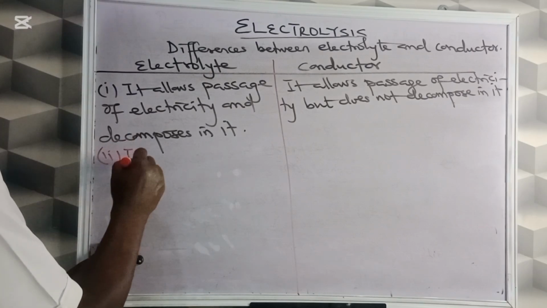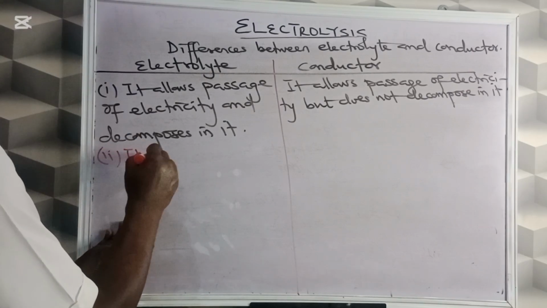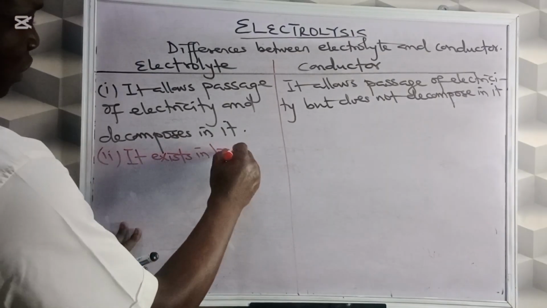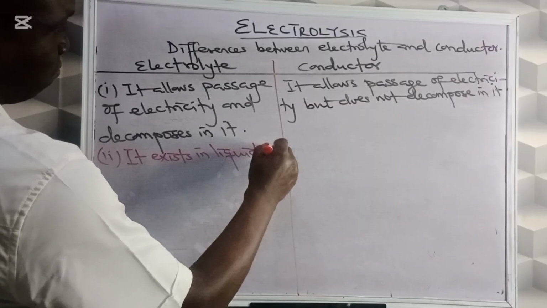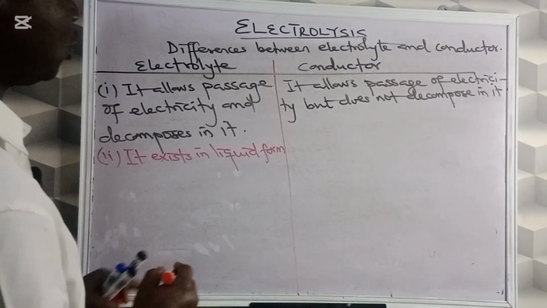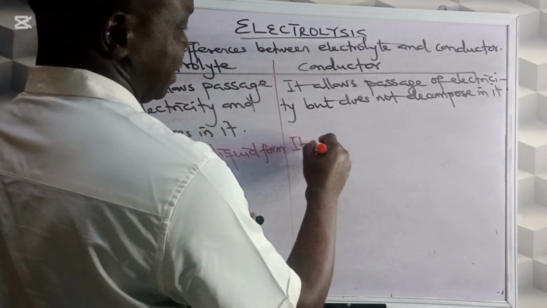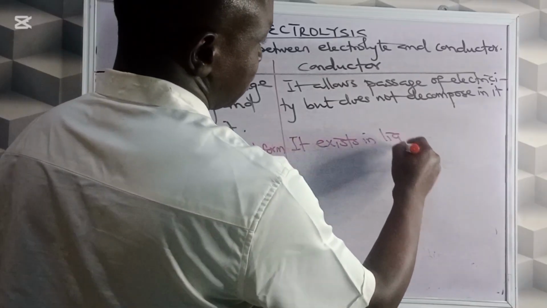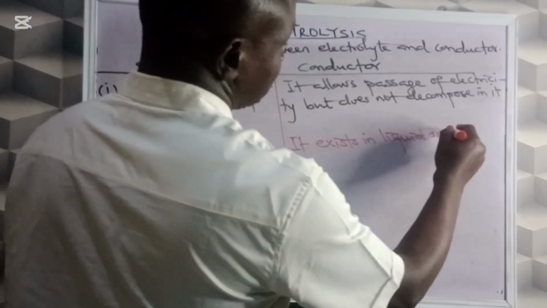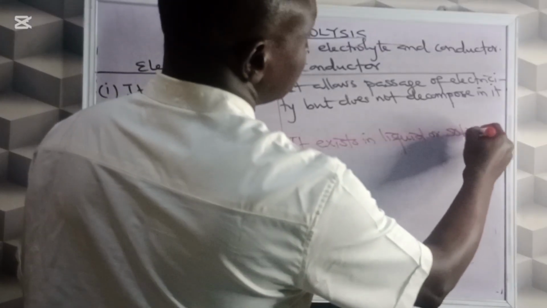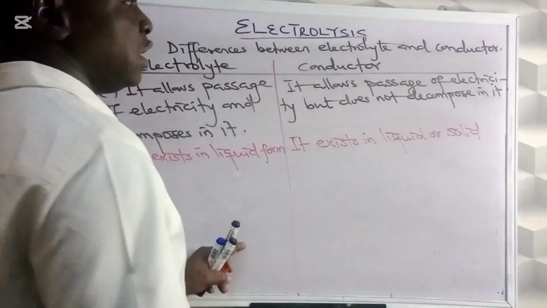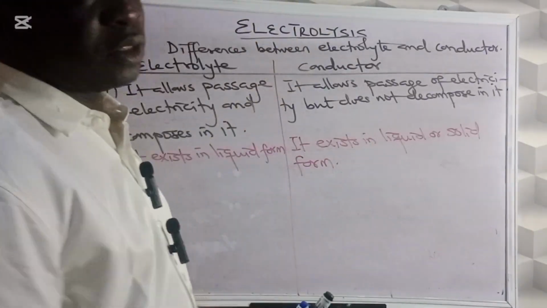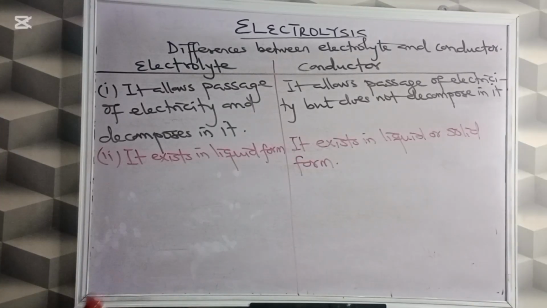Two: an electrolyte exists in liquid form, while a conductor exists in liquid or at times solid form. Metals generally are solid except mercury, which is in liquid form.